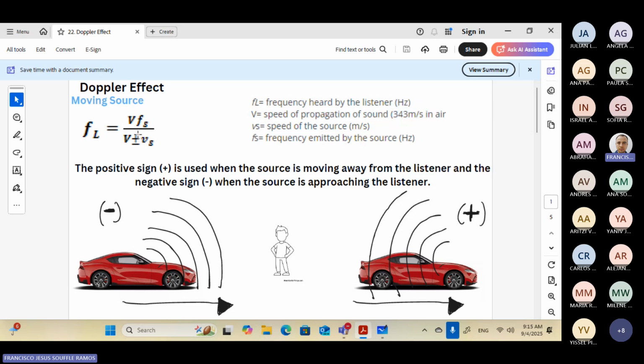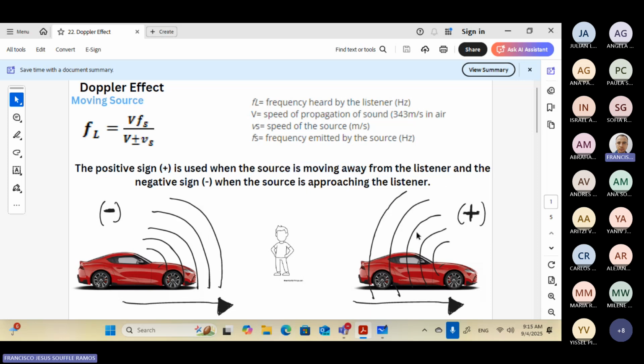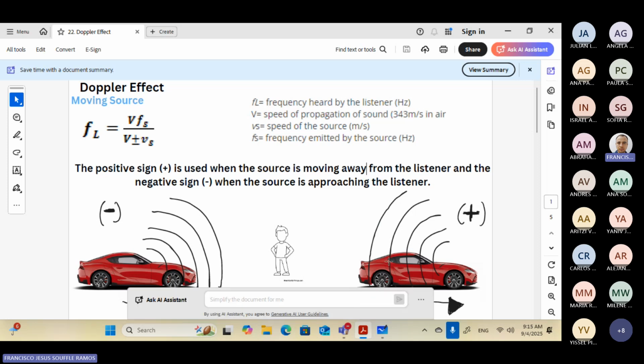But as we can see right here, we have a positive and negative sign. We need to choose one of those two, and you will do it by following this sentence right here. It says positive: it will be positive sign if the source is moving away from the listener. So it's like this situation to the right, where the car is moving away from the listener.